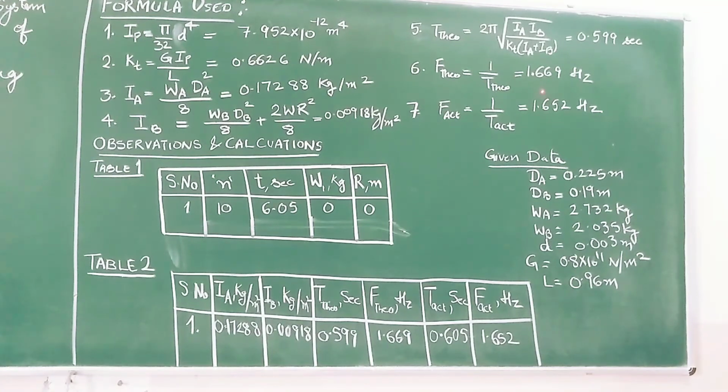So we can say that our experimental value and theoretical value are similar. So we can conclude that our frequency calculation is correct. So our objective is fulfilled. Thank you.